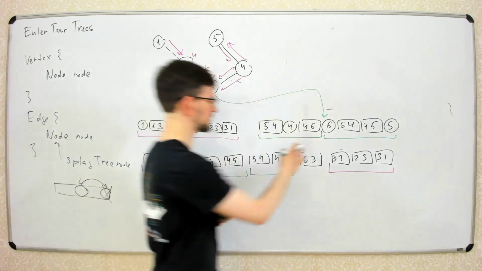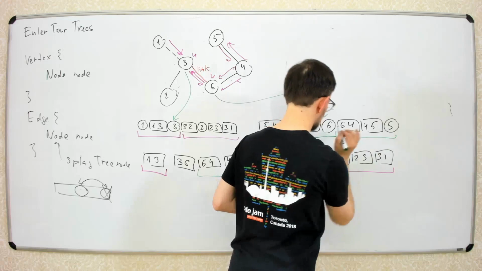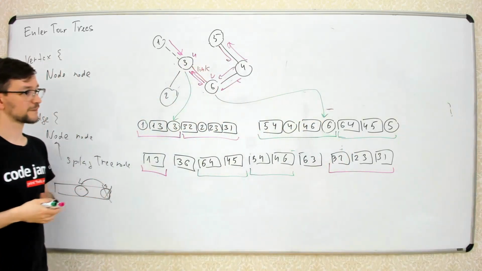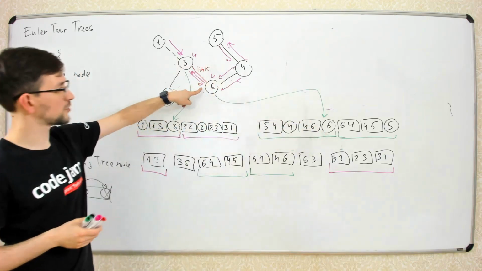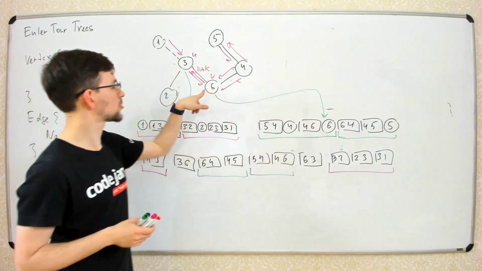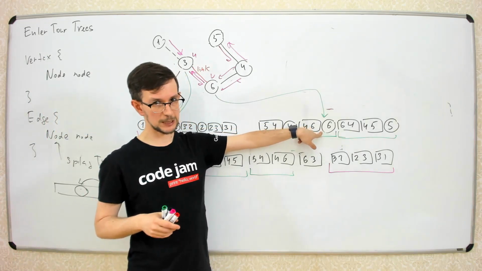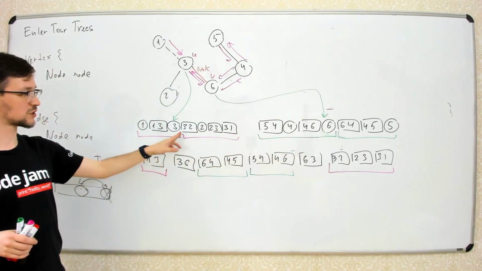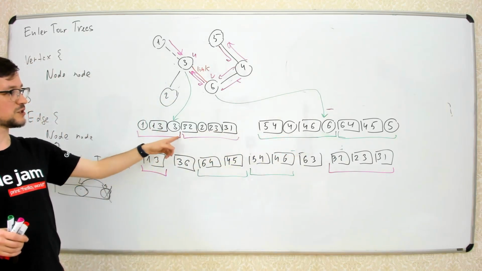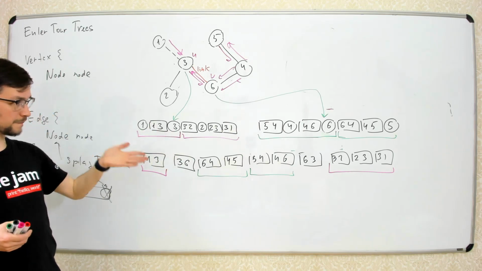Now let's split it after that, just to make it the same. So I find these two positions using these pointers from the vertex of the tree to the node of the Splay tree. And I split these two Euler tours just near this position, before or after, doesn't matter.